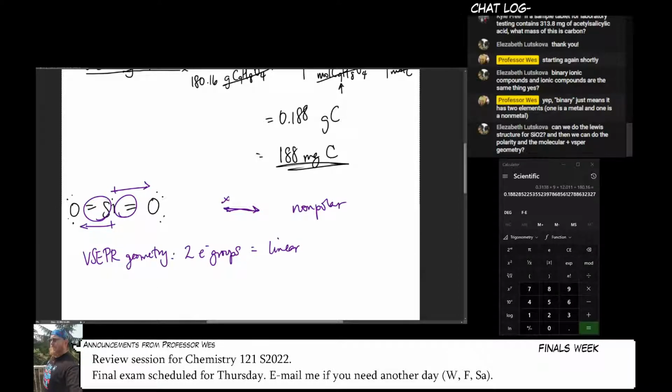And of those 2 that I circled, none are electron pairs, which means that its molecular geometry is also linear. So this is a linear molecule.